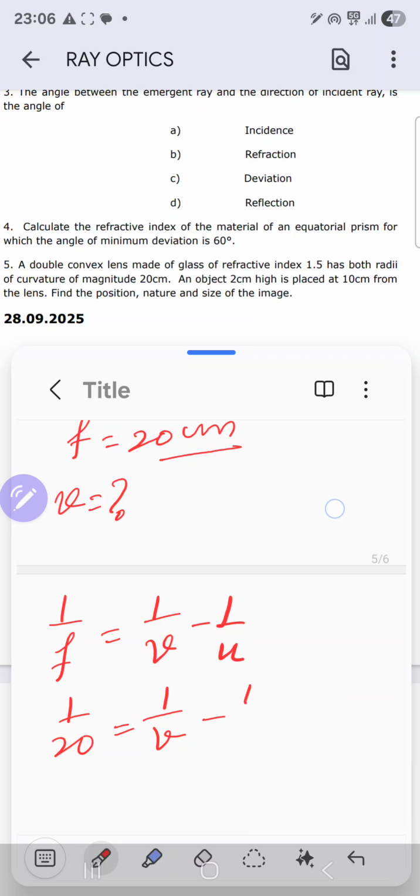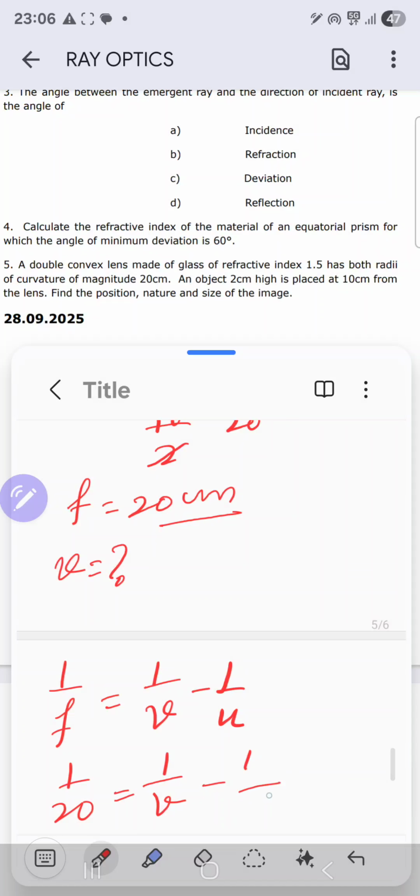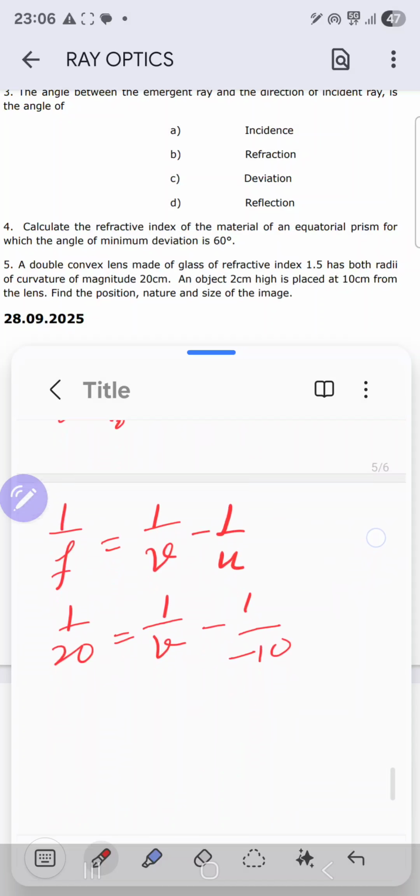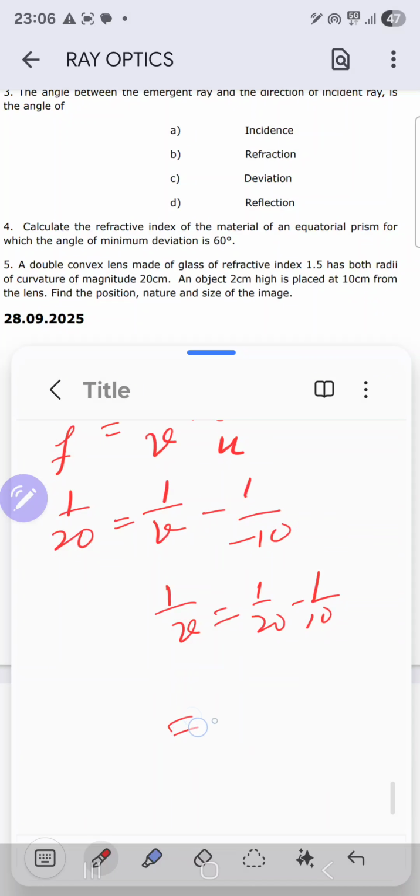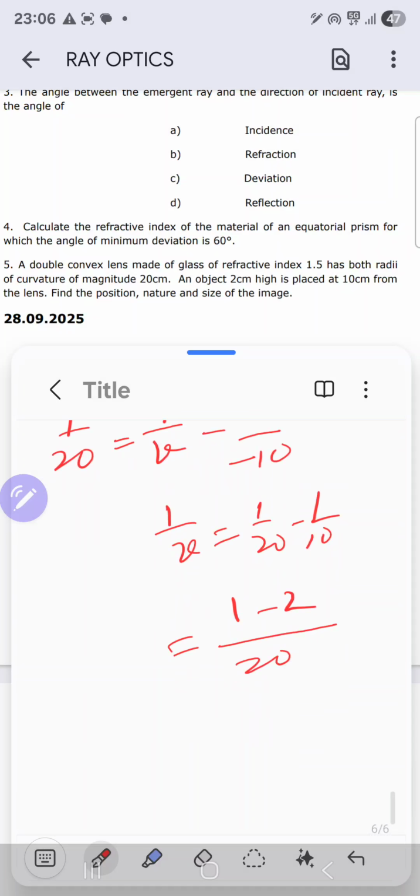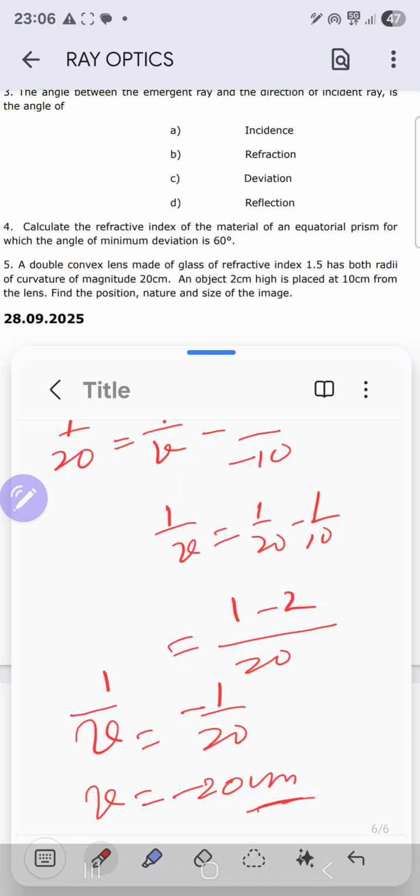U here is 10, so I would write minus 10 here. So 1 over v is equal to 1 over 20 minus 1 by 10. And this can be written as (1 minus 2) over 20. So 1 over v is minus 1 by 20, or v is minus 20 centimeter.